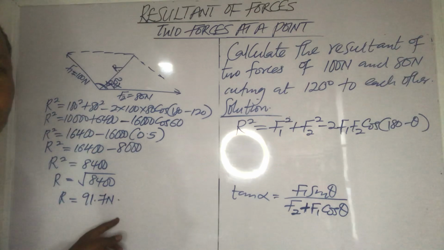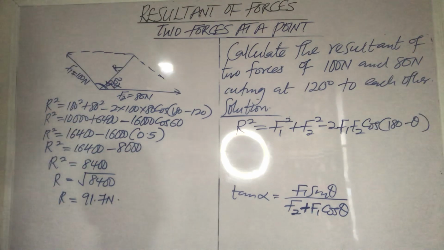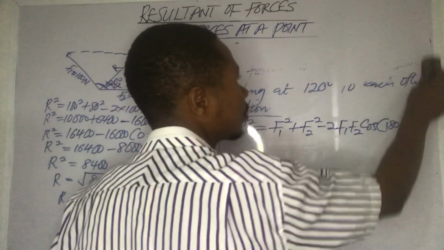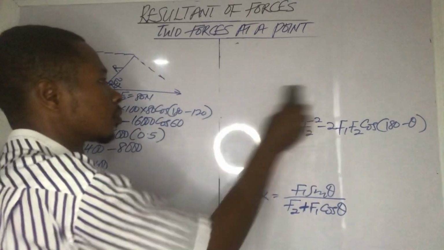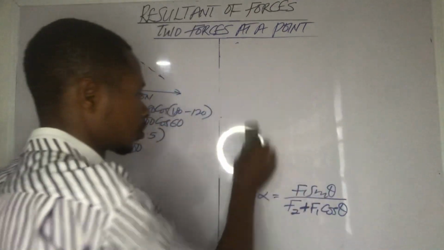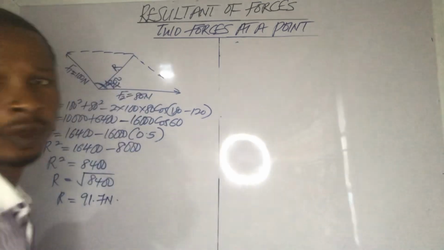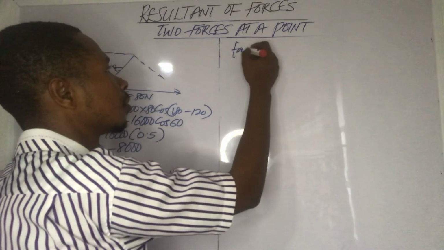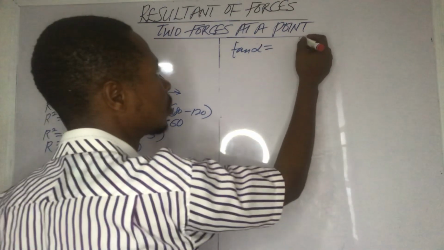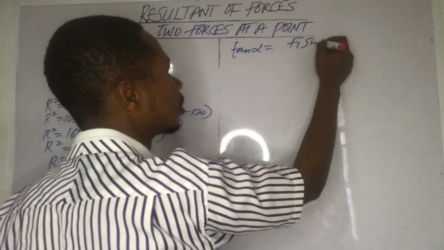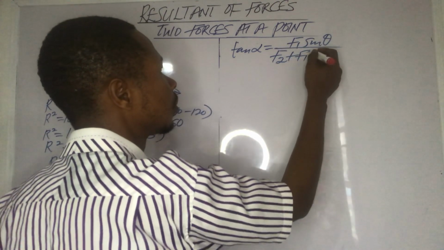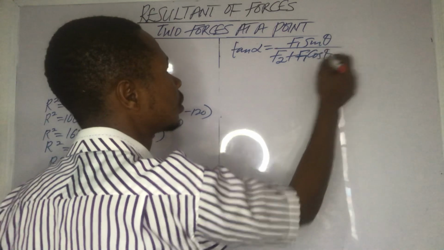Then to find the resultant in direction, I'm going to use this now. So let me clean this place so that I can do that here. The resultant in direction using tan alpha is equal to F1 sin theta over F2 plus F1 cos theta.